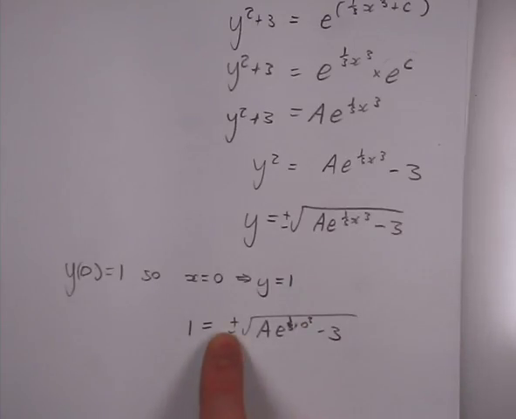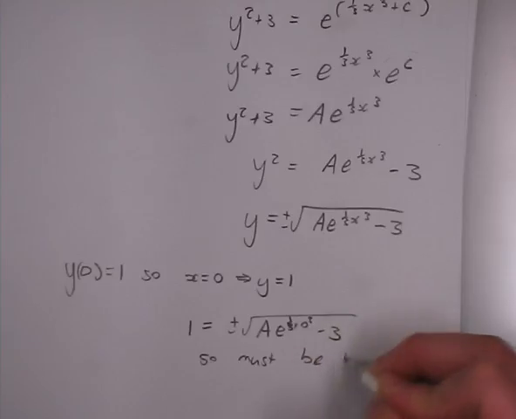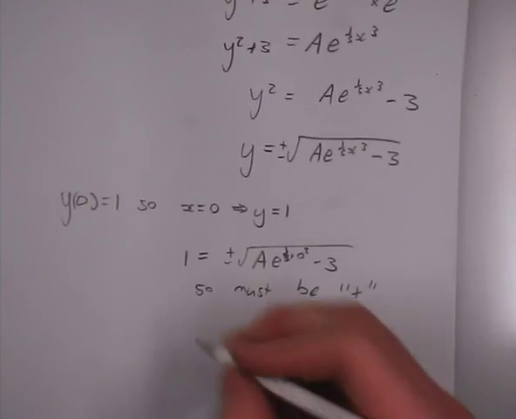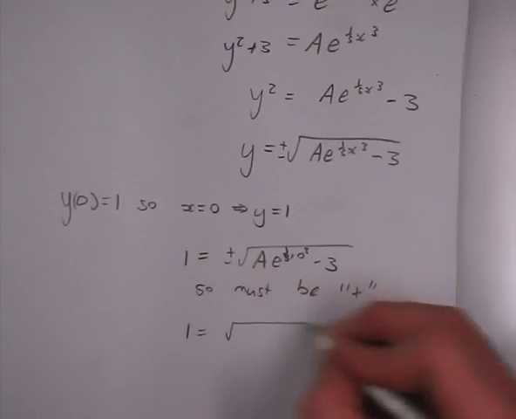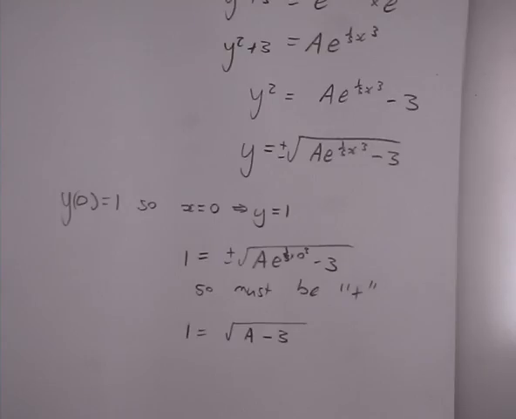And we now know it's plus, because that's a positive number there. So it must be the plus. Okay, so we know that 1 is root a, and e to the 0 is 1. So now I can figure out what a is.